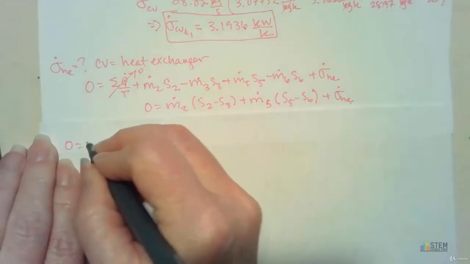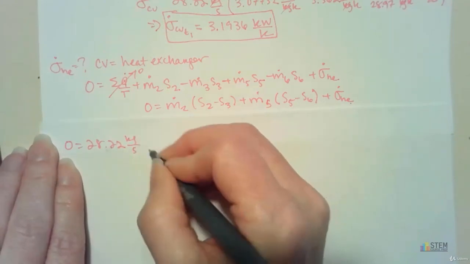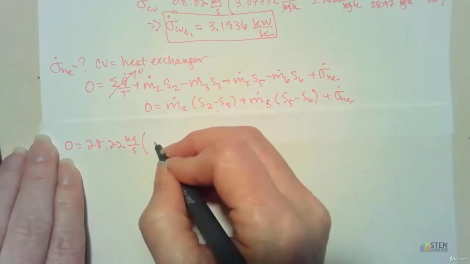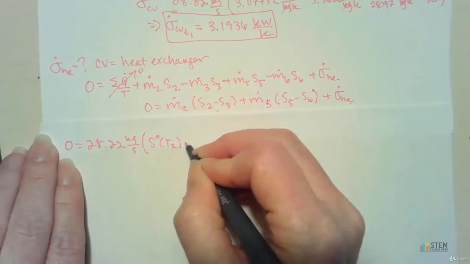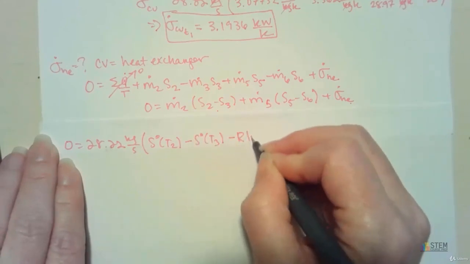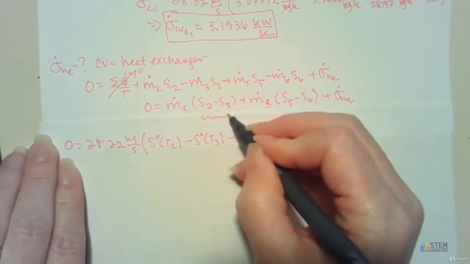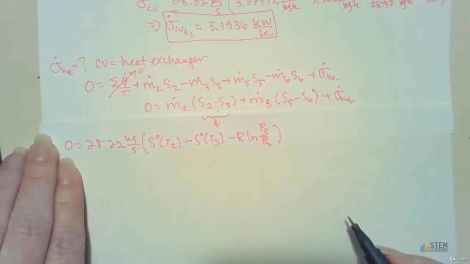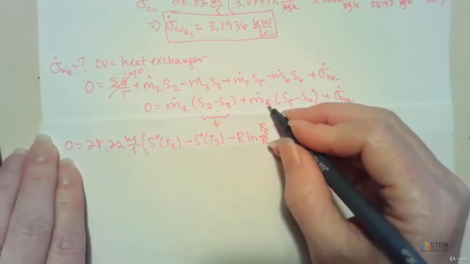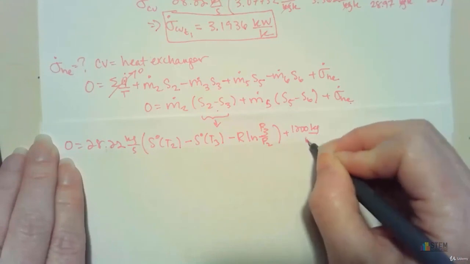We're going to have 0 equals 28.22 kilograms per second times this here. Remember, this is going to equal s degree at T2 minus s degree at T3 minus R natural log P3 over P2. So all of this is for that. Then we have the plus m5 dot. That was 1200 kilograms per minute.